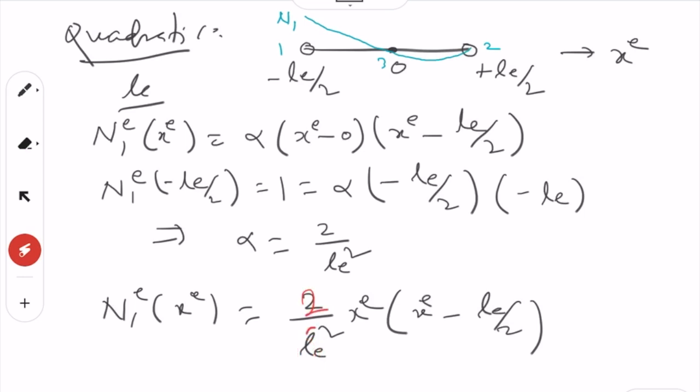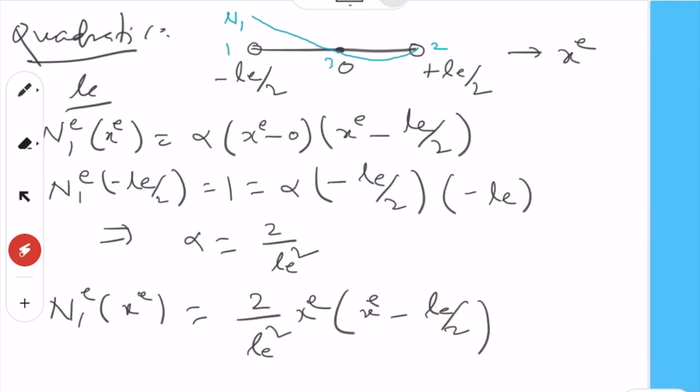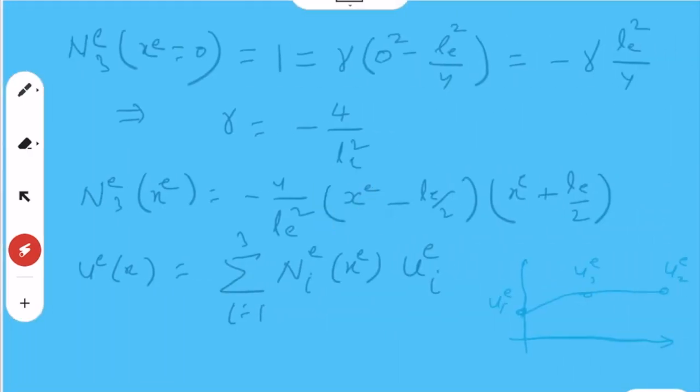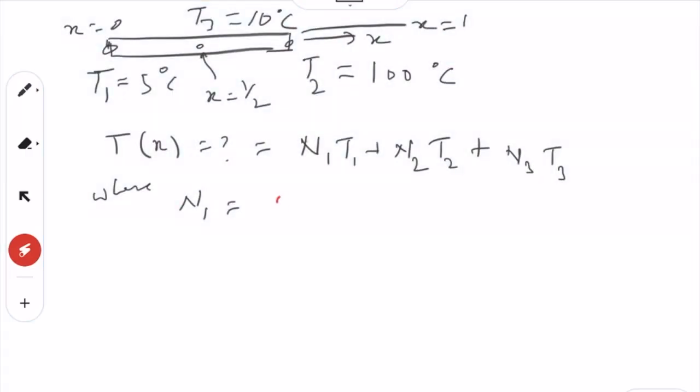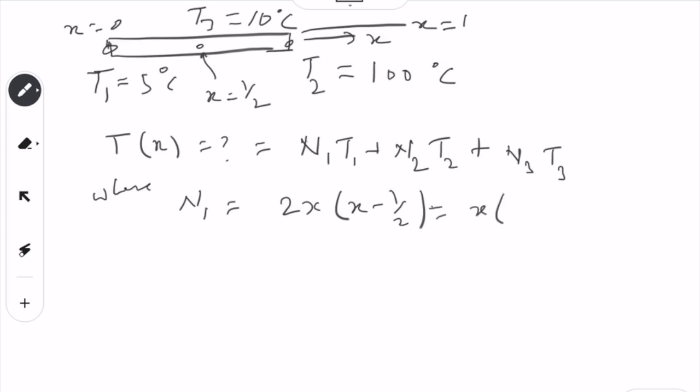So 2 over 1 square, and then you have xe minus half. So this is 2 times x minus half. Let it be like this only. So you got this.